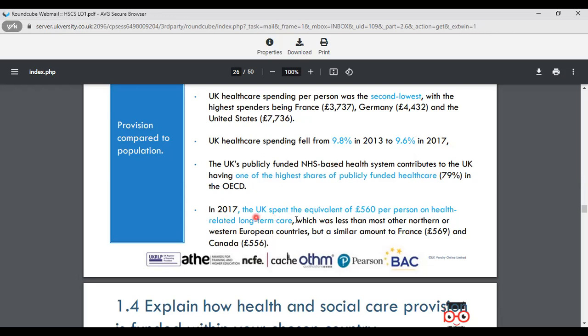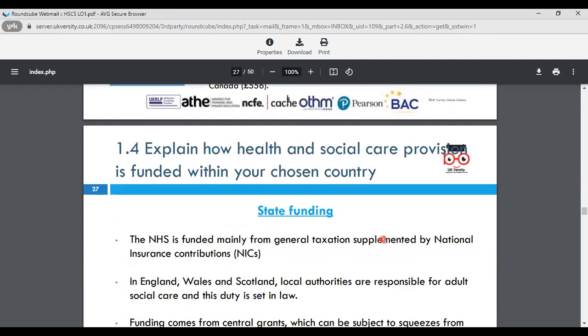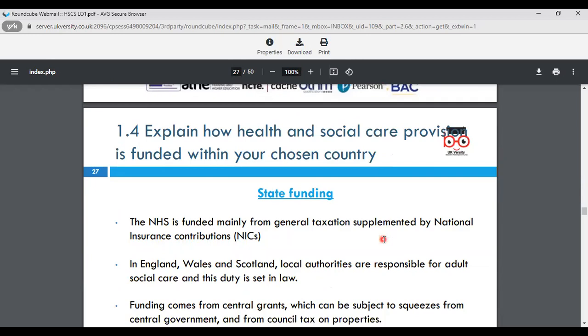And then in 2017, the UK spent an equivalent of £560 per person on health-related long-term care, which was less than most other Northern or Western European countries, but a similar amount to France and Canada. So as I said, because we're making a lot of money within the country, the expenditure should be high as well when it comes to health and health-related expenditures or education.